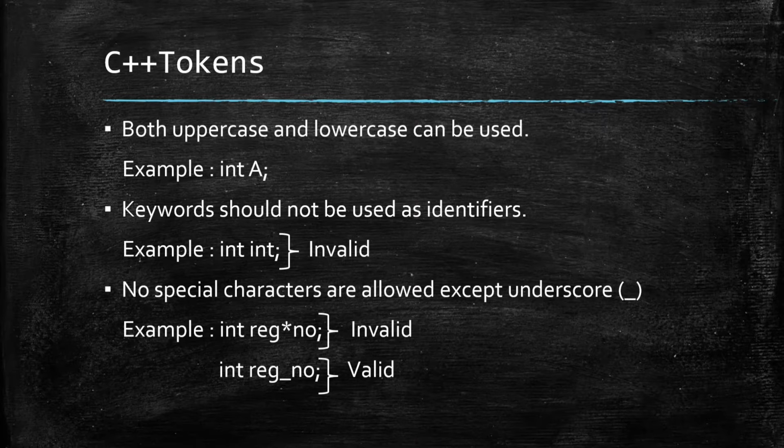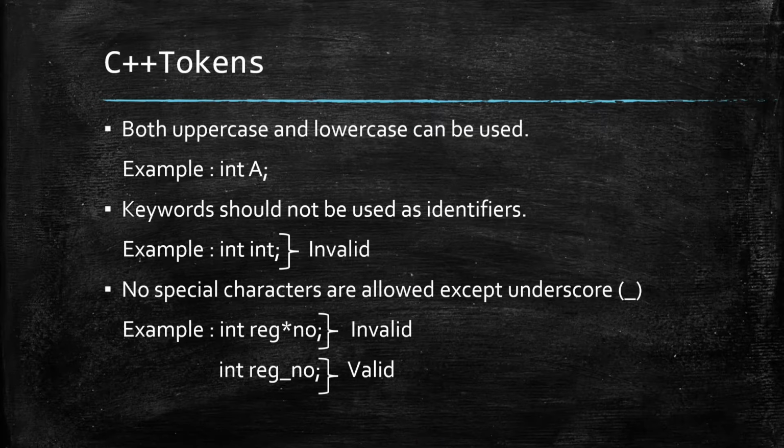Because int is a data type, it is a keyword. So when I give int as a variable, the compiler does not accept int as a variable, but takes it as the data type, and it will show you an error.